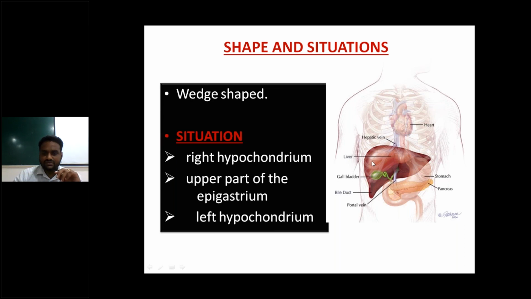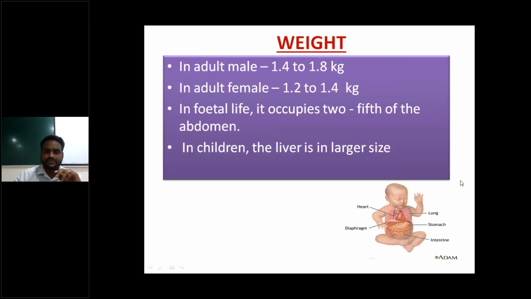So these are the regions: right and left hypochondrium and the epigastric region. This is the location of the liver.